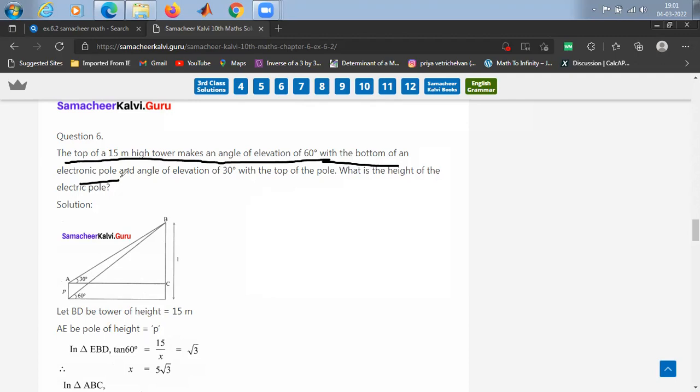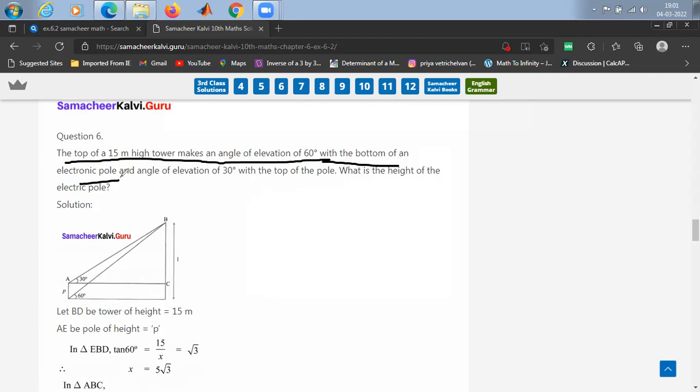Do you have a diagram for this question, Manasi, in your textbook? Can you hear me? Yeah.